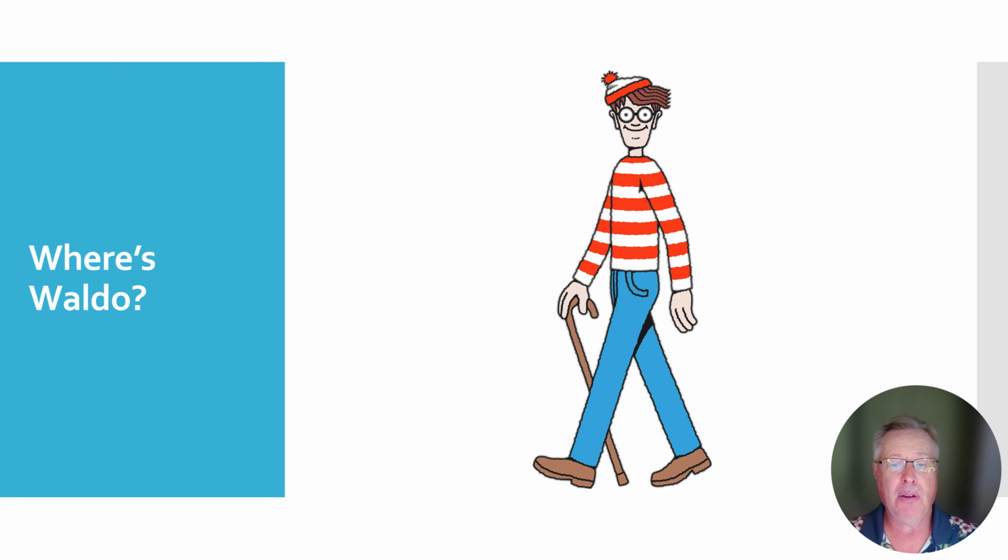Now, there are a few false Waldos in that image, so make sure that the Waldo you find has all of the elements you see here. He has the hat, the glasses, the striped shirt. He always has the cane, and he has the long pants. So if you find a Waldo that has most of those, but he's missing one or two items, that's a false Waldo. So don't get tricked.